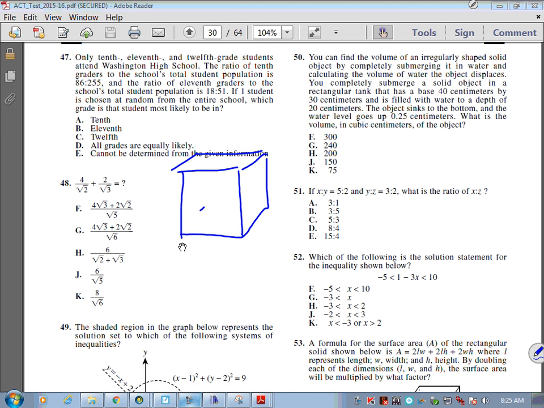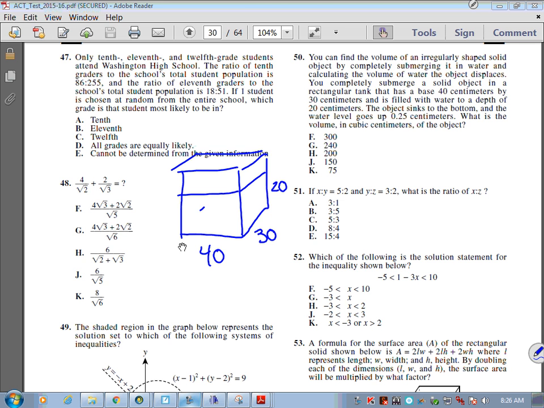You completely submerge a solid object in a rectangular tank that has a base of 40 centimeters by 30 centimeters. So I'm going to do 40 by 30. But it doesn't say how tall it is, which is really not too much of a problem. It's filled with water to a depth of 20 centimeters. So what I do know is that that's the depth of the water. Okay, you follow me so far?